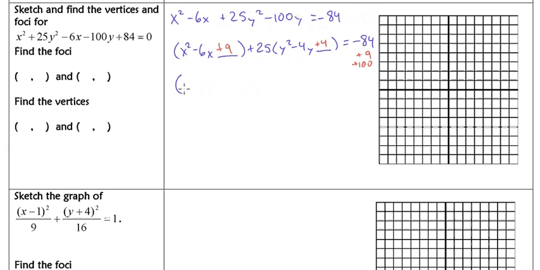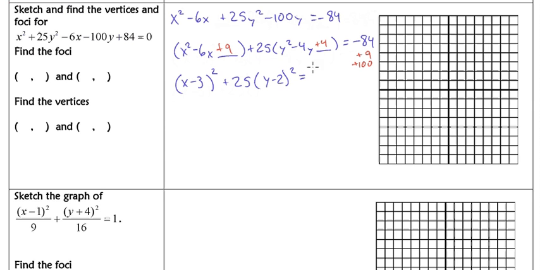All right, so we did all that so that we can write these as perfect squares. We're going to have x minus 3 squared plus 25 times y minus 2 squared.